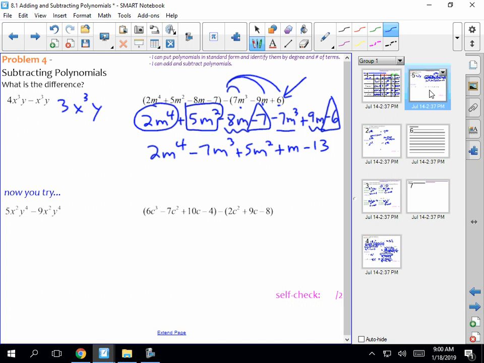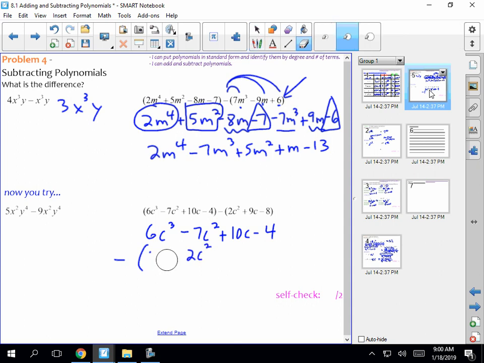The other thing you can do is write it vertically. So take this one down here, 6c to the third minus 7c squared plus 10c minus 4. If I want to subtract from it 2c squared, I'm going to make sure I write that underneath the 7c squared.